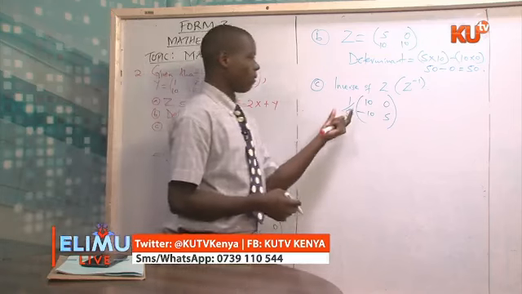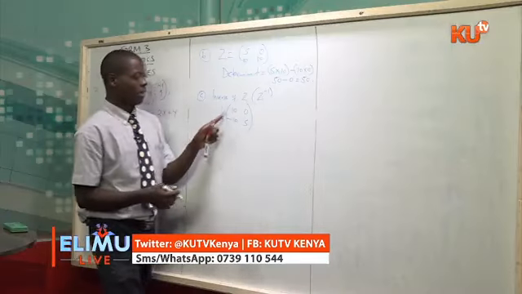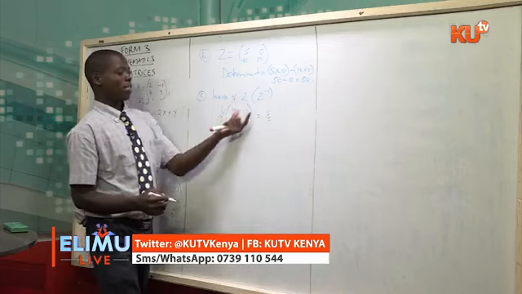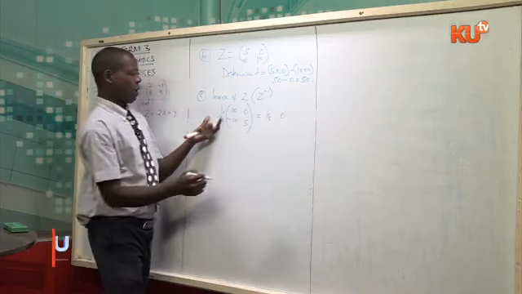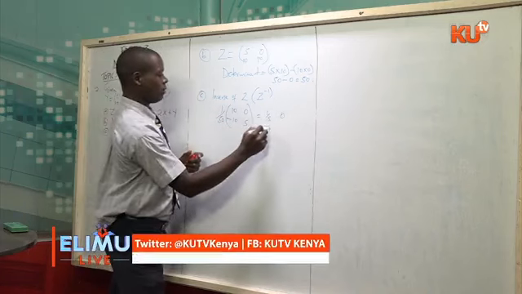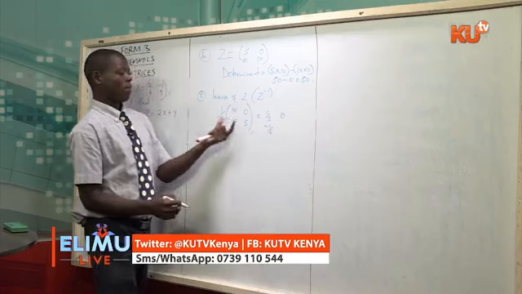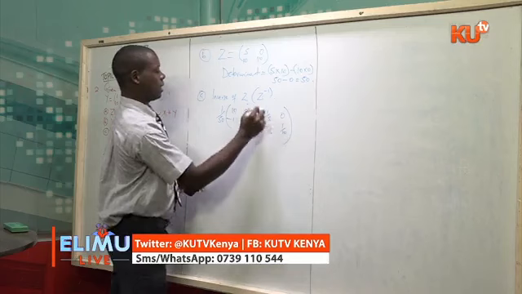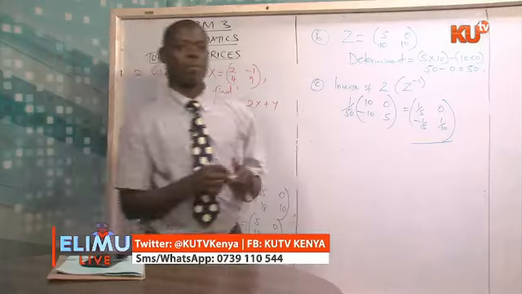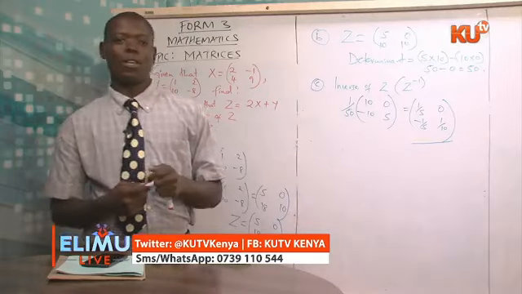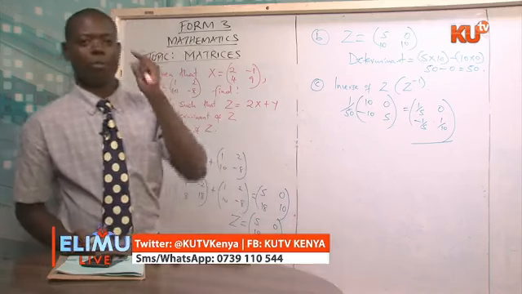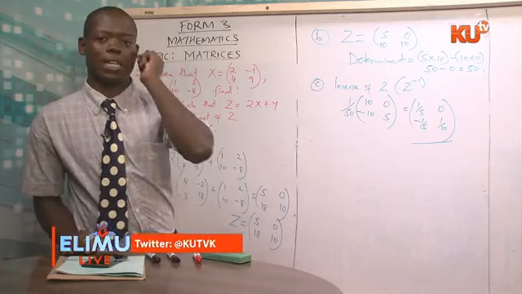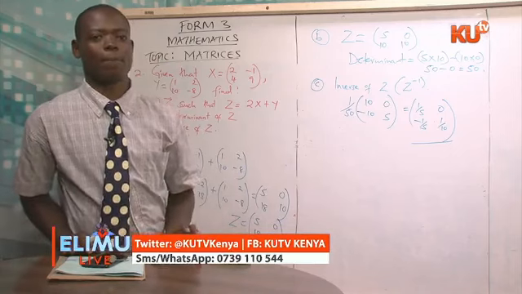We expand, therefore. 1 over 50 by 10 gives us 1 over 5. 1 over 50 by 0 is 0. 1 over 50 by negative 18 gives negative 9 over 25. And 1 over 50 by 5 is 1 over 10. That is our inverse. So that is how we obtain the inverse of a 2 by 2 matrix, for this case, for the matrix Z that we've worked out.